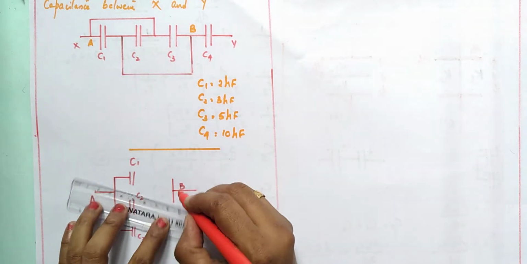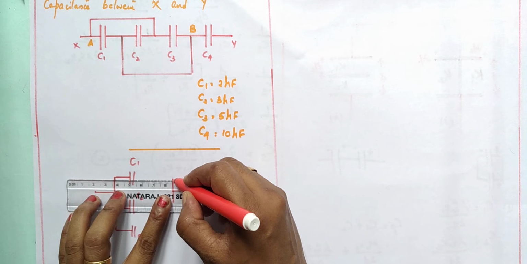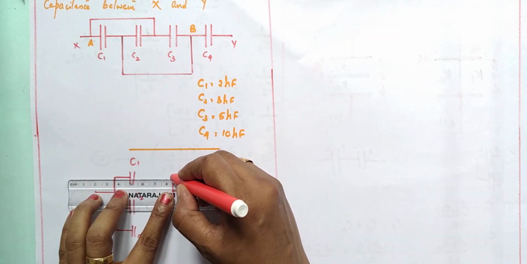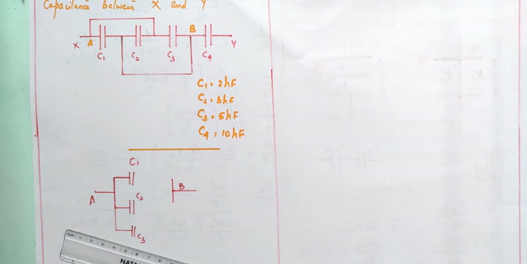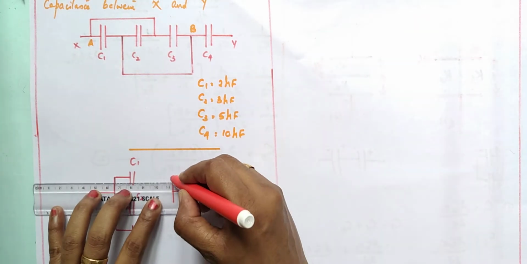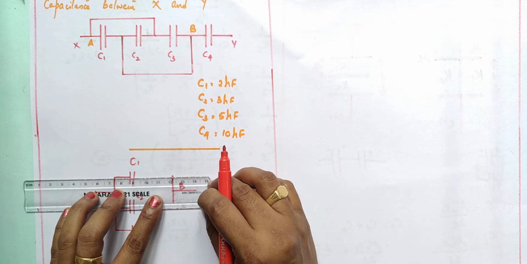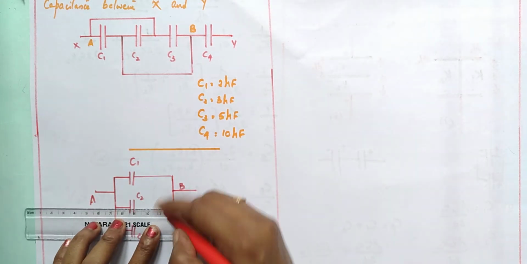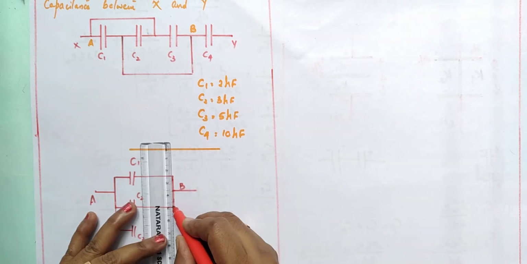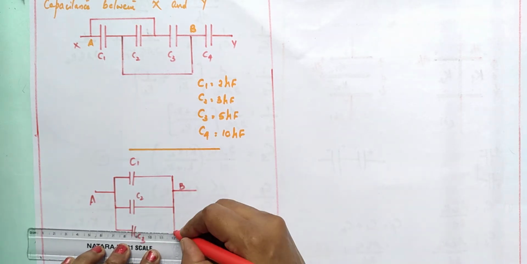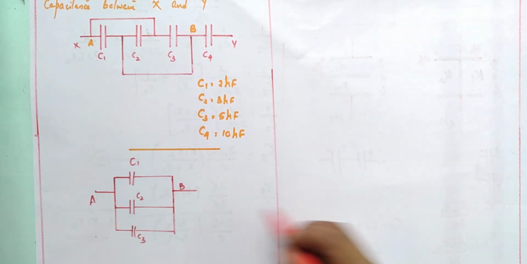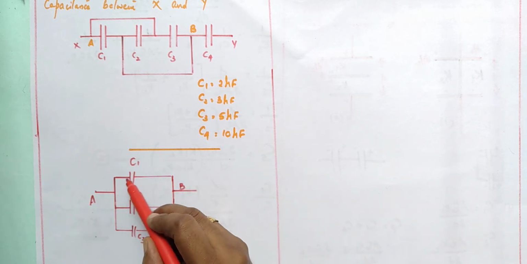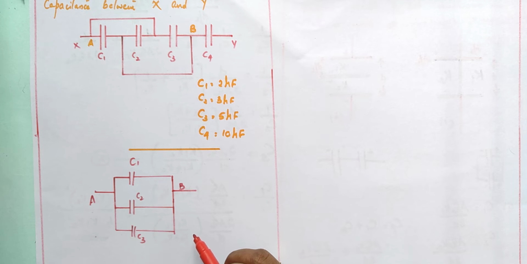So, B is connected to what capacitors? It is connected to C1, C2 and also to C3. Right. So, the point B is connected to C1, C2 and C3, and the point A is connected to the remaining plates of C1, C2 and C3.